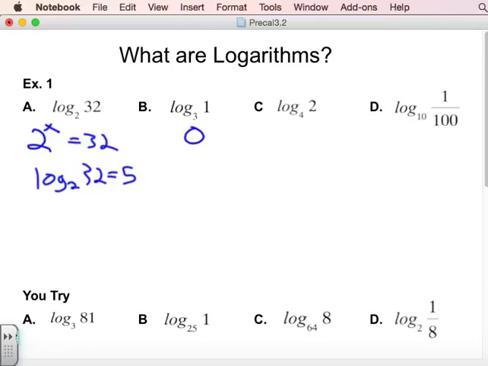Okay, now this next one's a little trickier. So notice in this one, the number got smaller, right? So the number gets smaller, it goes from 4 to 2, right here it went from 3 to 1. So in this one, it got bigger. So when it gets bigger, you know that your number is a positive whole number, like 5. Whenever it changes to a 1, you know that it's going to be 0.